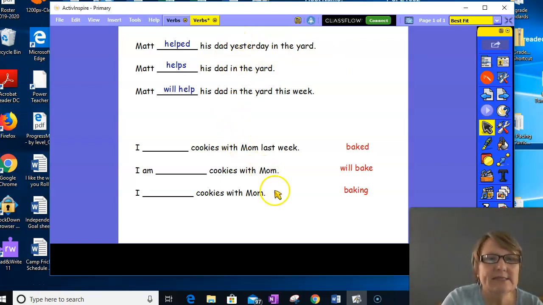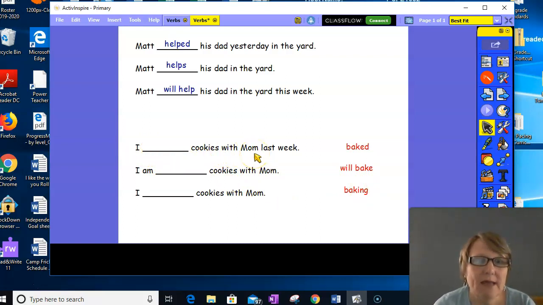Now let's look at the next set of sentences. Baked, will bake, baking. I blank cookies with Mom last week.